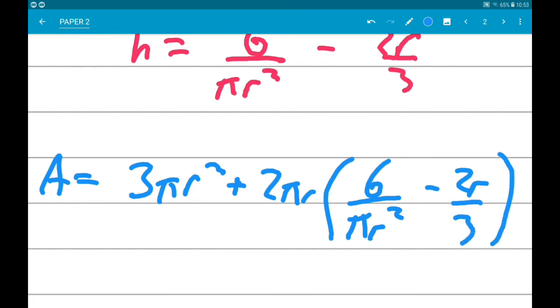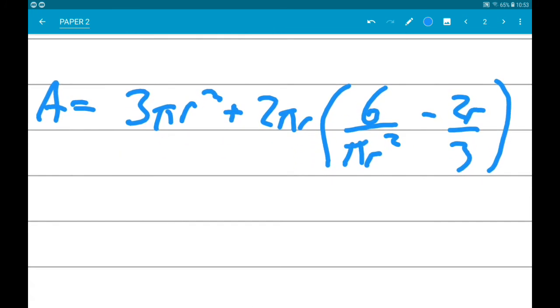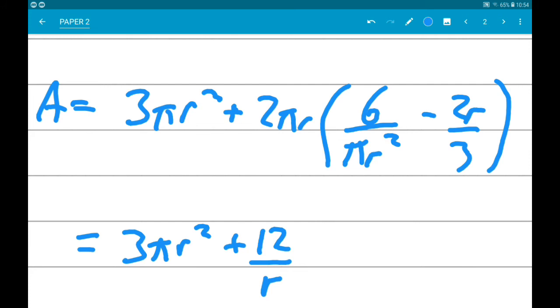Alright, so we have 3 pi r squared plus, so 2 pi r times 6 over pi r squared is 12 over r. And then 2 pi r times minus 2r over 3 is minus 4 pi r squared over 3.